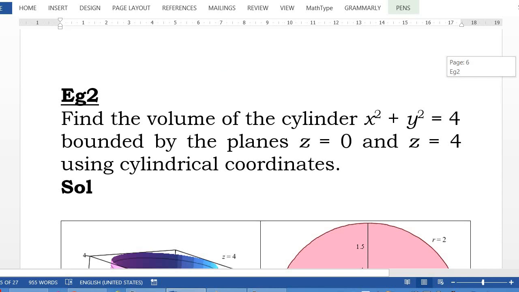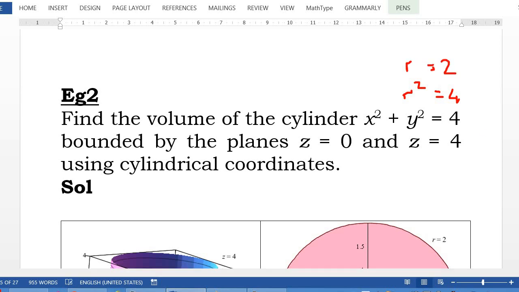The second example: find the volume of the cylinder x squared plus y squared equal to 4. Again, we have a cylinder, but now r squared equals 4, or r equal to 2.